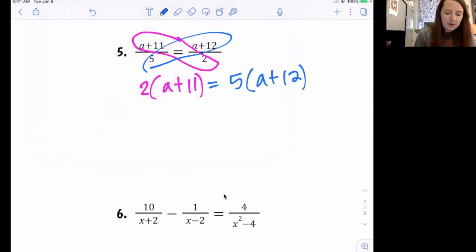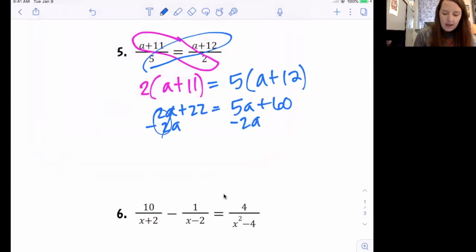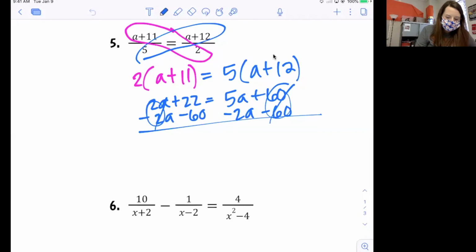So when I distribute, I get 2a plus 22 equals 5a plus 60. I'm going to go ahead and get both of the a's to the right and my constant to the left. So once I subtract that, I get negative 38. Oops, negative 38 equals 3a, and divide by 3.